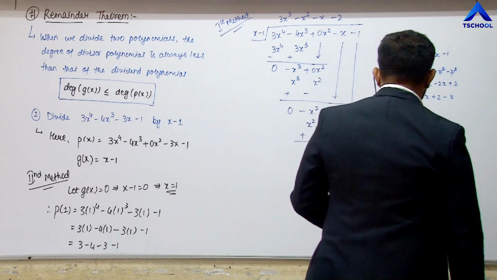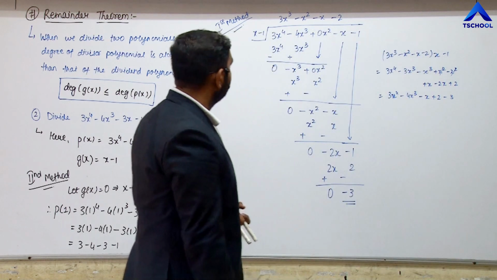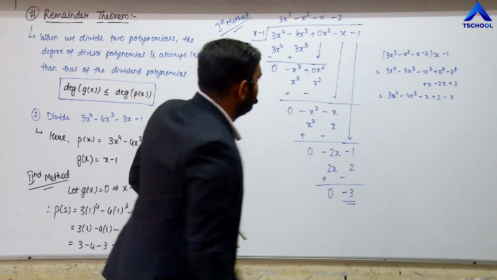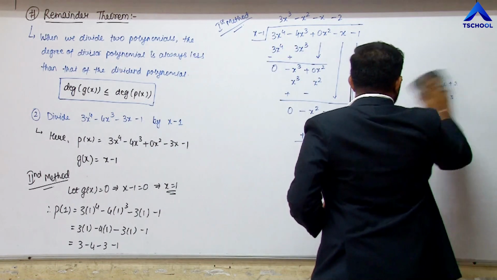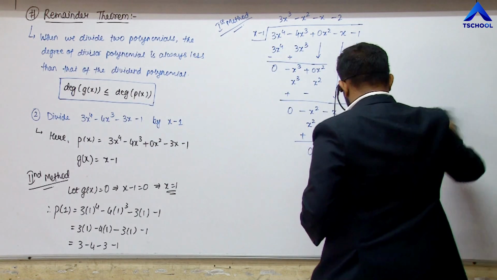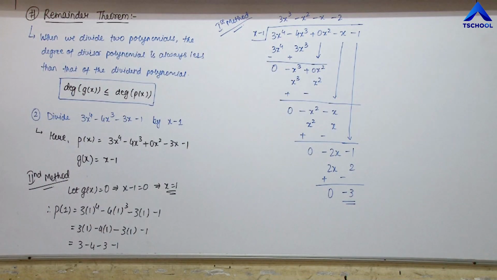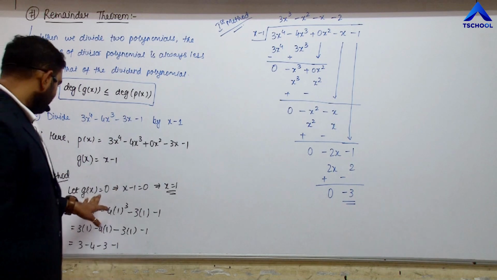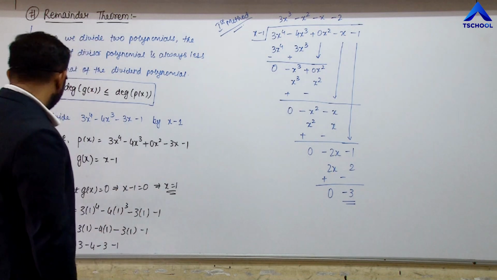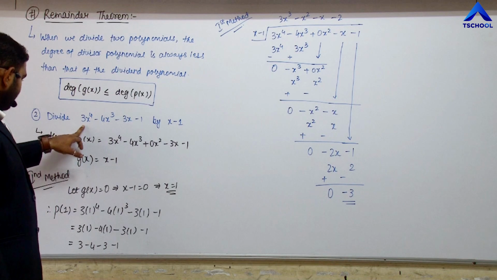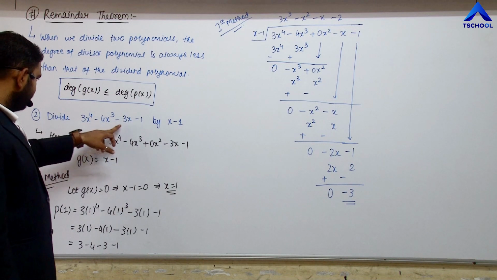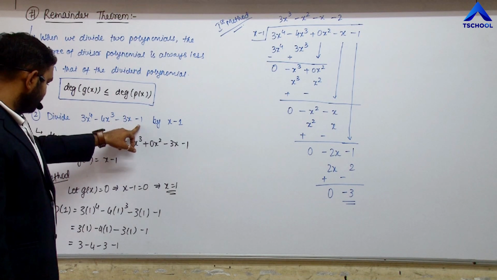So where did I make a mistake? Division is true, but the thing that goes here is, okay, that is x minus 1 good, x minus 1 equals 0, x equals 1. 3 into 1 is 3, minus 4 into 1 is 4, minus 3 into 1 is 3, minus 1.